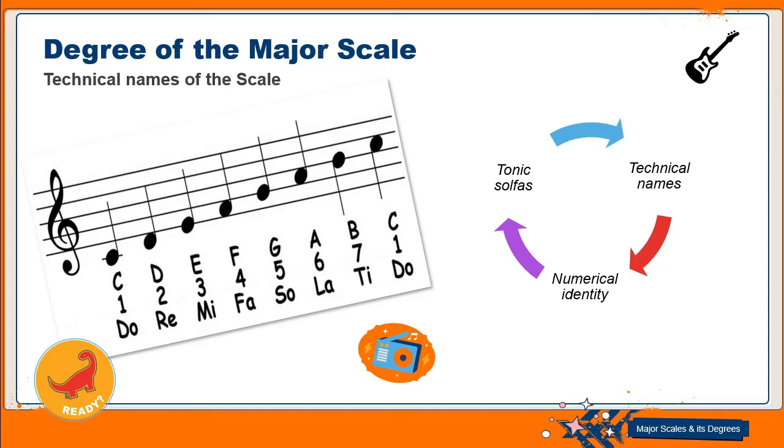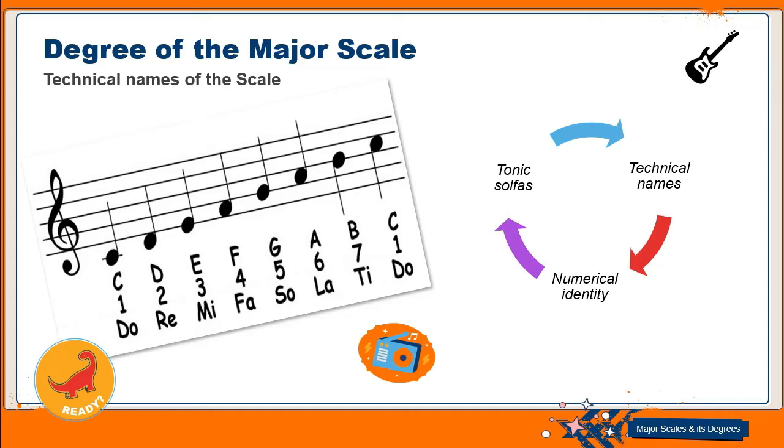So usually for the major scale, the tonic solfas will be do, re, mi, fa, sol, la, ti, do. That is in the ascending order. While in the descending order we have do, ti, la, sol, fa, mi, re, do. So this is the way we can use the tonic solfas to show the degree of the major scale.